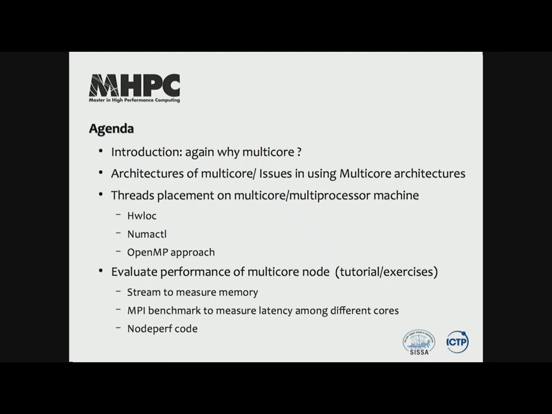OpenMP spawns different threads. The way you can allocate threads on cores is quite important and depends on many different considerations. We will discuss a little bit about that.